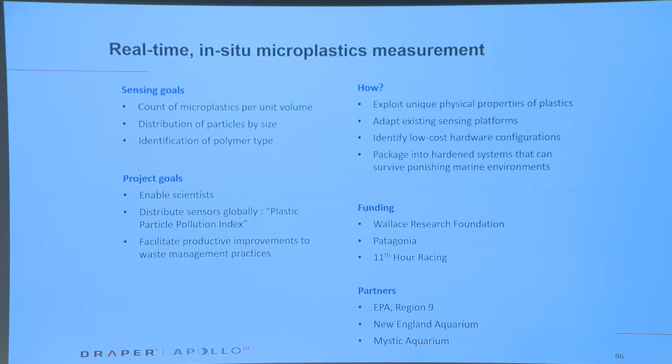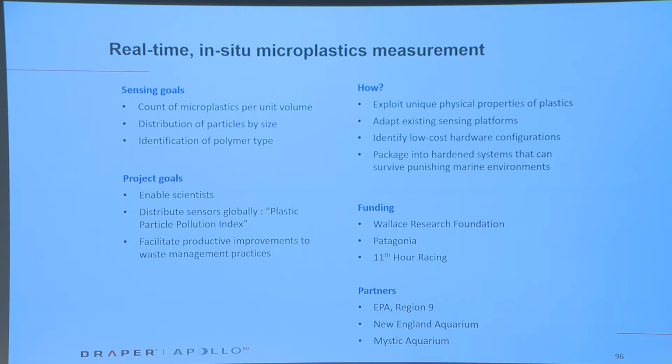We saw in the previous slides some of the modeling that's been done about transport through the oceans and trying to predict where the problem will become worse, and to try to understand hotspots and try to guide interventions to perhaps coastal areas where we have a larger influx of plastic.